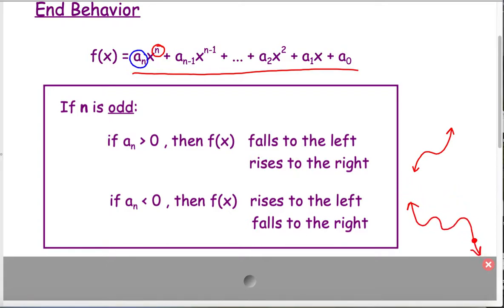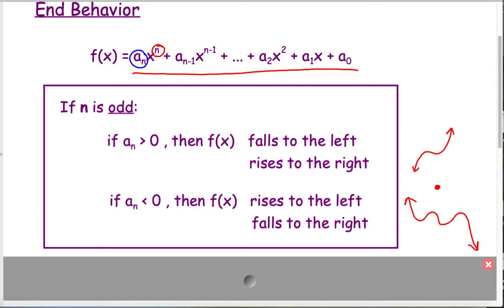And then as x gets really small, moving towards negative infinity, my graph will be rising. So it rises to the left, and it falls to the right. All right, so those are the two different scenarios.